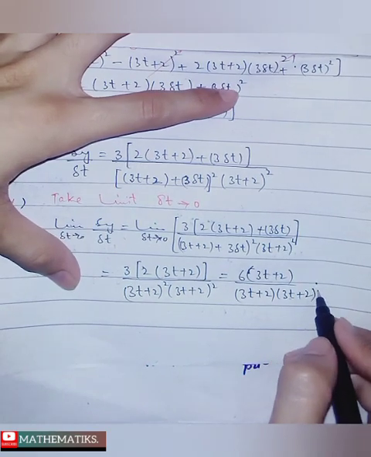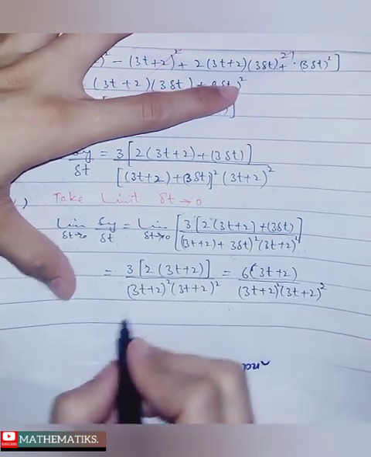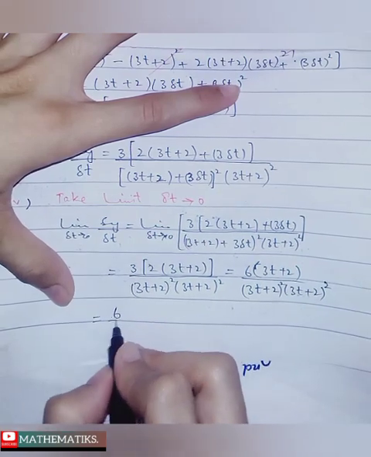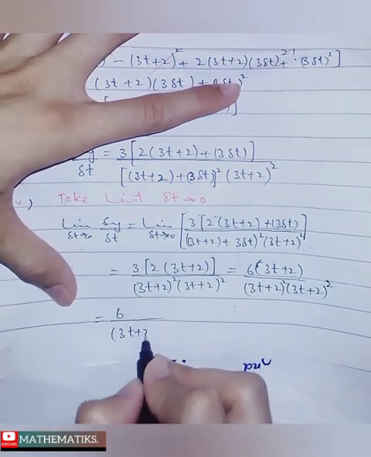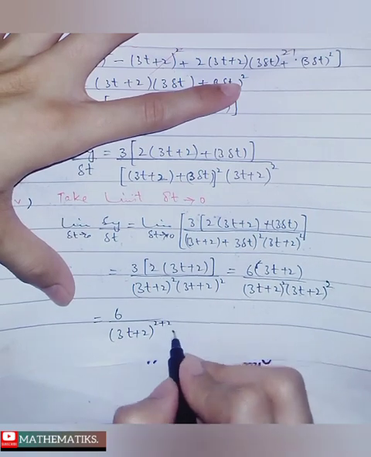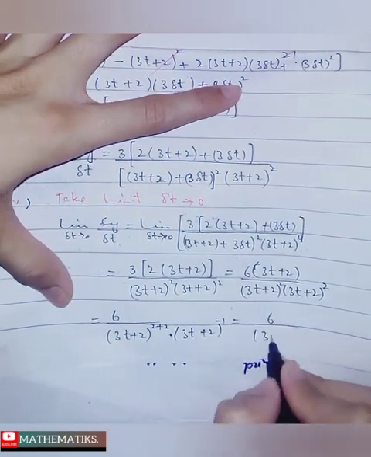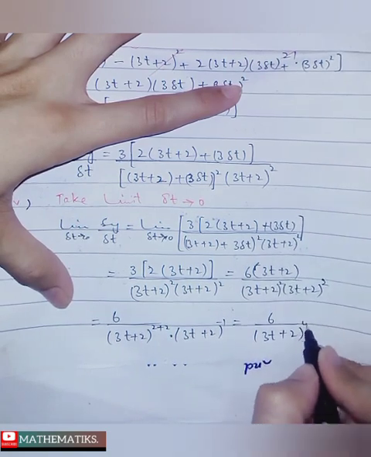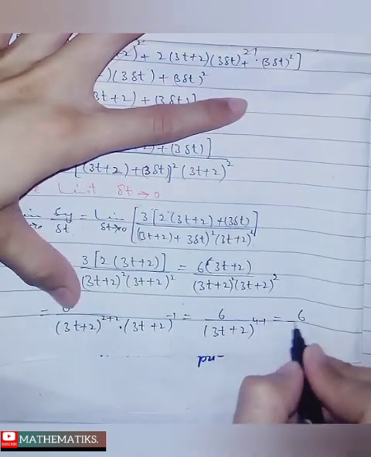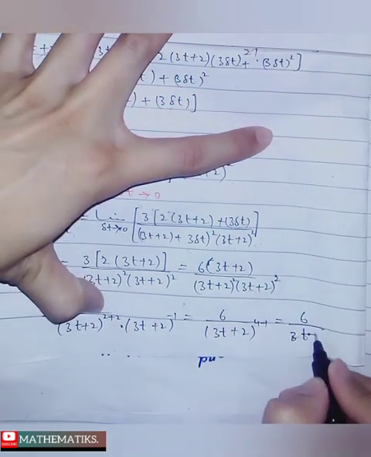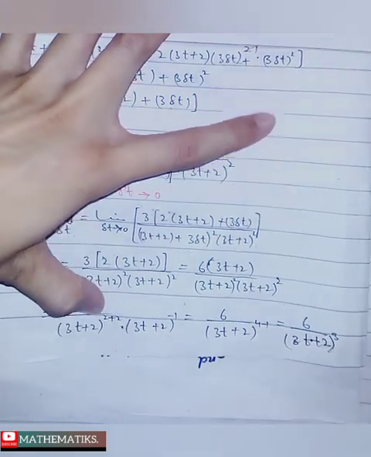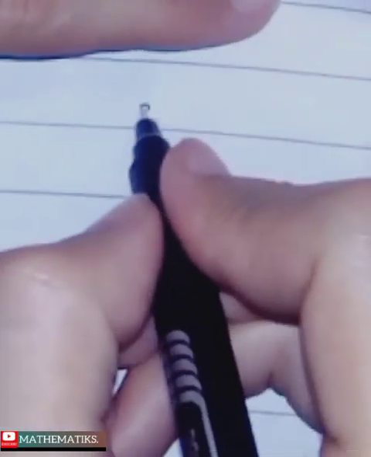Yes, we write the square on both sides. It becomes 6 into, as we know that the factors are the same, we add the powers: 3t plus 2, the power 2 plus 2, and the upper power becomes minus 1, so it becomes 6 divided by (3t plus 2) whole power 3.